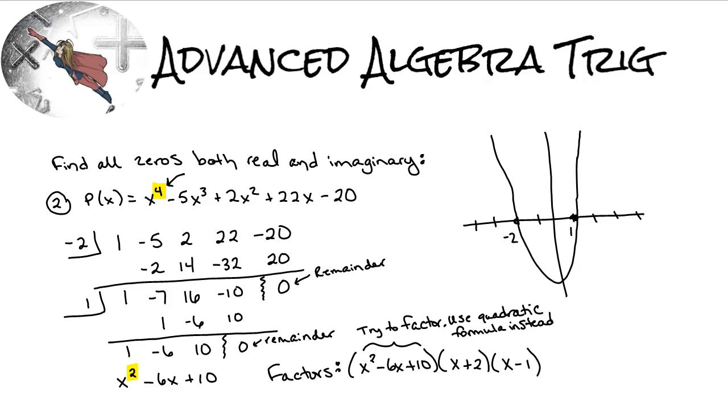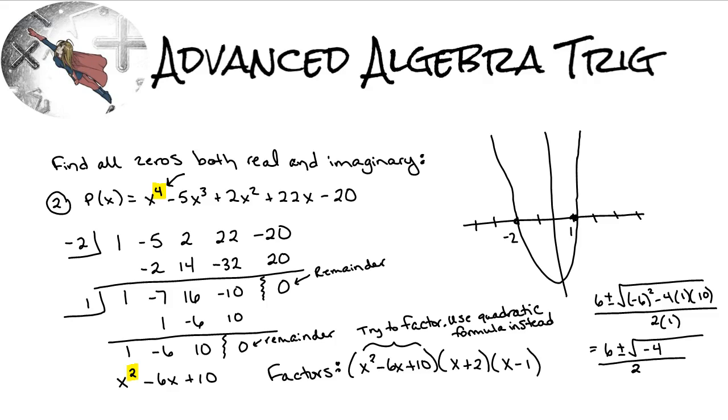All right, so x squared minus 6x plus 10. So I will do -b, which is 6, plus or minus the square root of b squared, so -6 squared, minus 4 times a times c, all over 2a. So I will simplify this. 6 plus or minus the square root of 36 minus 40, which is negative 4, all over 2.